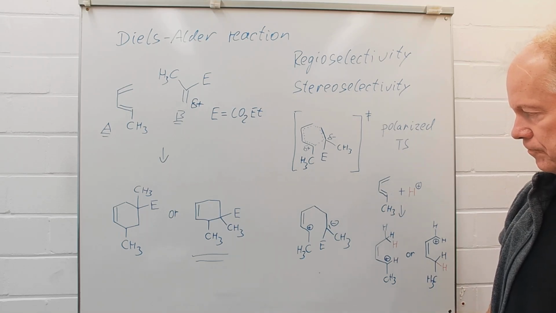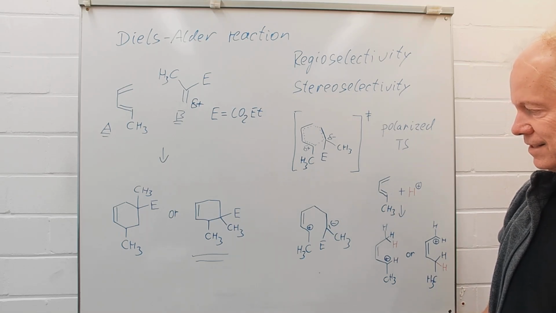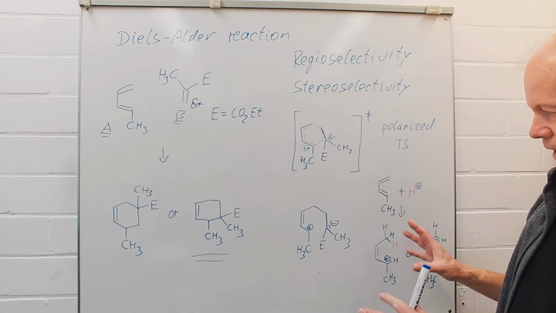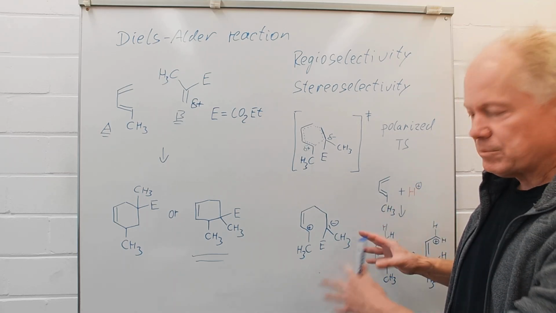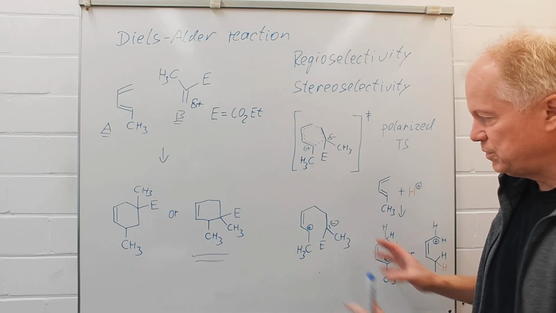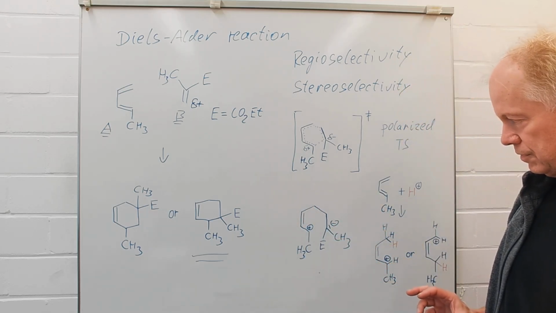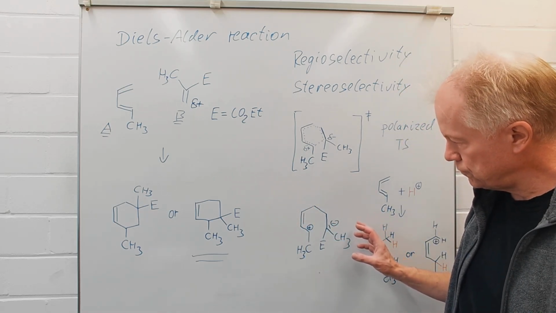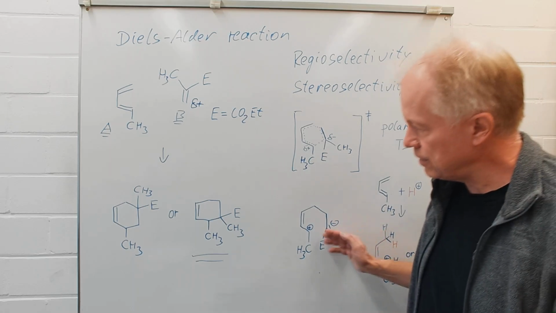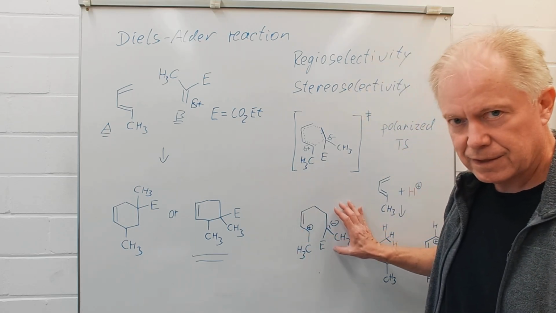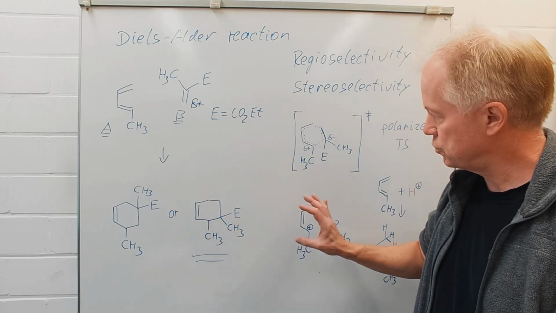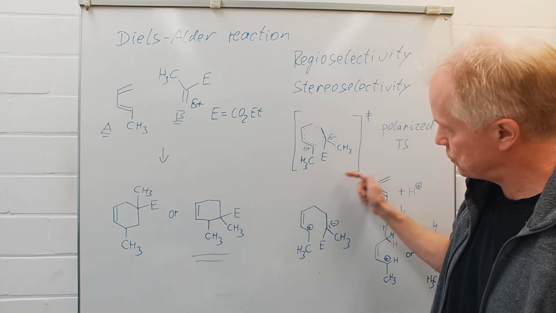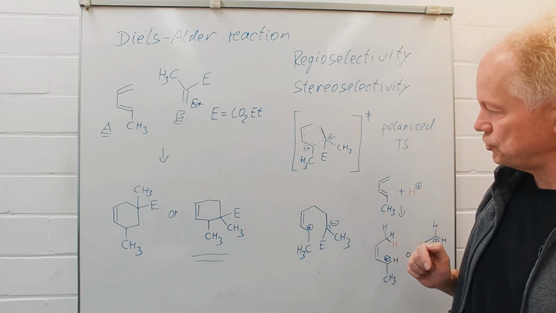You can understand that as some kind of mesomeric structure, and the truth is in between that Gedanken experiment structure and the final product. This then resembles that transition state.